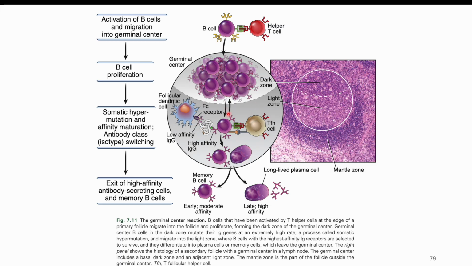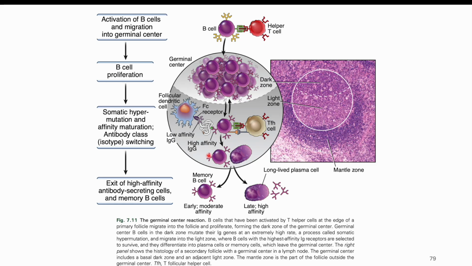Once they are there, to make sure that whatever antibody has been formed is of higher affinity, it will then exit the germinal center and they'll go wherever they are required or needed. Okay, so here again the checking will happen. By checking, it basically means that it should not recognize self.